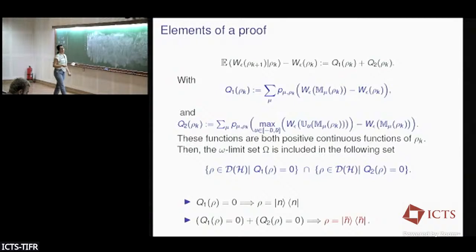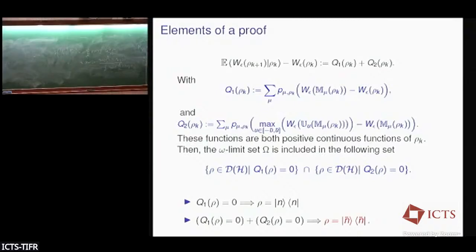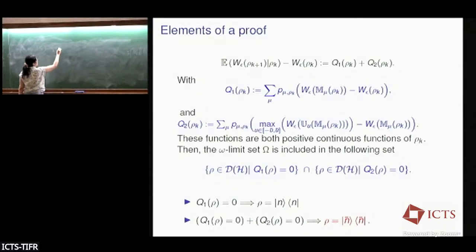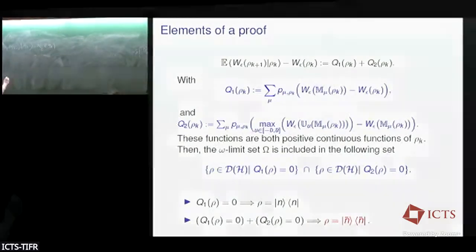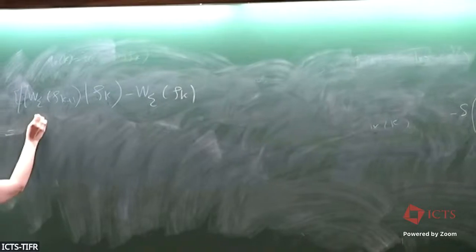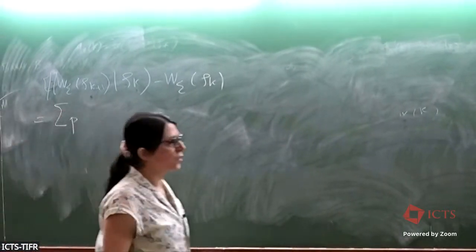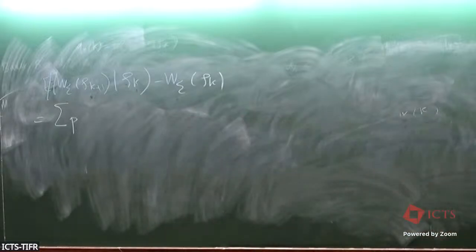So you have the expectation of W epsilon of rho k plus 1 knowing rho k, minus... So this is exactly the same as over there. Okay. So you have in fact the probability that rho k plus 1 could be mu.